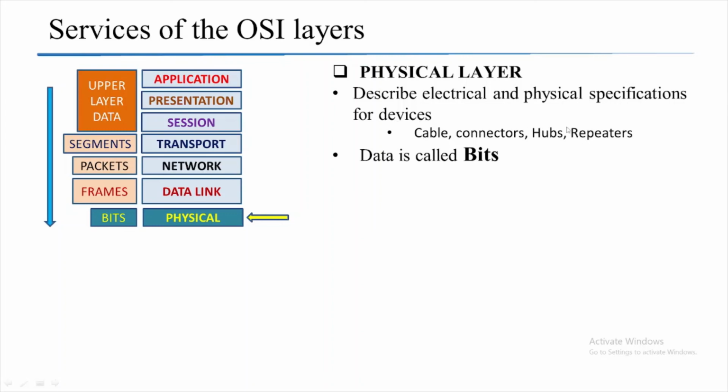You can see different connectors like SC, MT, and ST connectors for optical fiber communications, and RJ45 and other connectors in the physical layer. The data in the physical layer are called just bits, right?